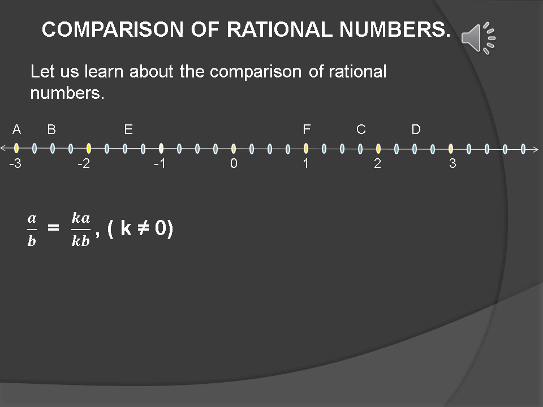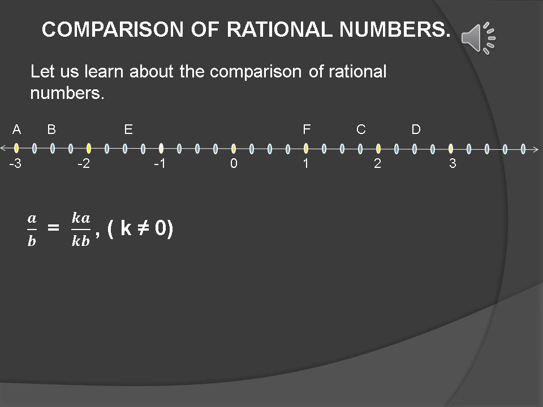Let us learn about the comparison of rational numbers. We have seen that for any pair of numbers on a number line, the number to the left is smaller than the other. In addition, if any non-zero number multiplies the numerator and denominator of a rational number, then the value of the rational number does not change.